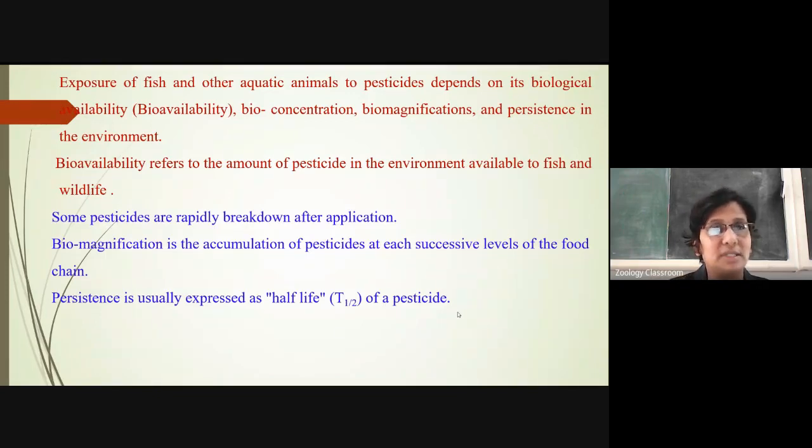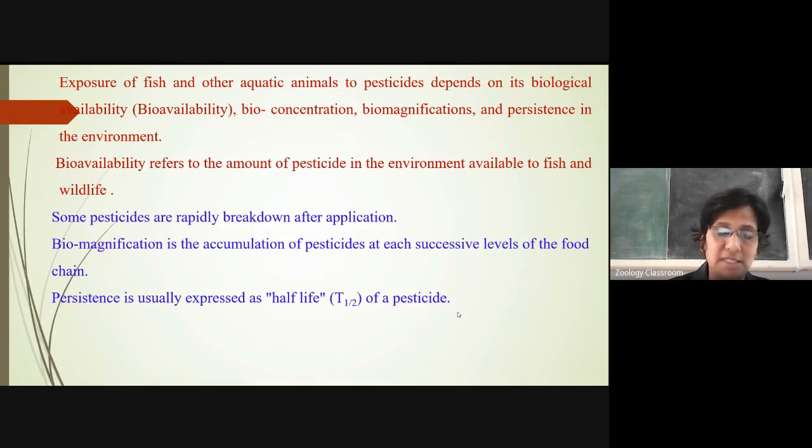Most of the time the exposure of the particular fish or aquatic organism is reduced, because most of the pesticides are degraded. Most of the pesticides remain as they are at the bottom, and some are found in the water column. Some are quickly diluted in the water.